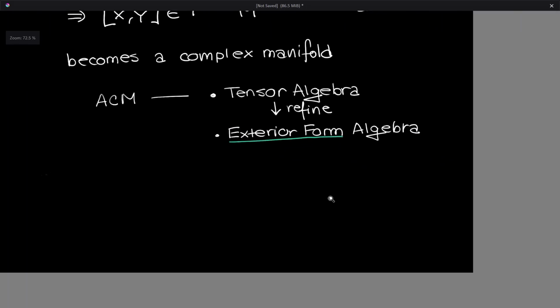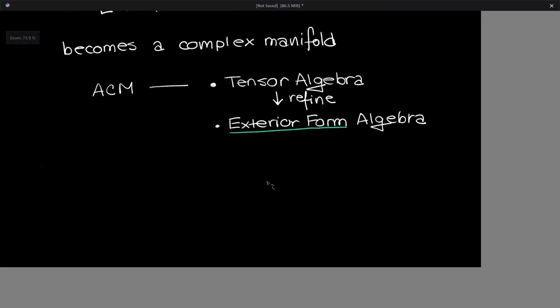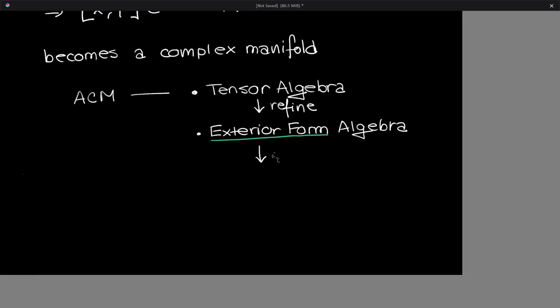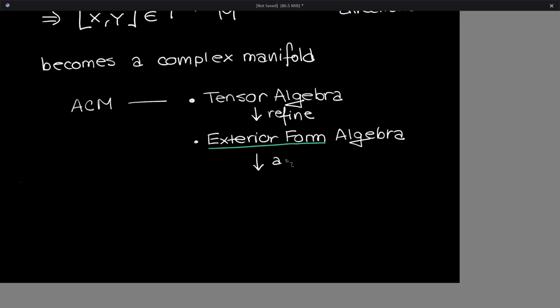So Neon was asking on the Discord, what's the difference between an exterior form and an exterior differential form? So here's the key difference. These are pointwise defined. Then we go to the bundle, right? We aggregate these, and we get something called the exterior form bundle.